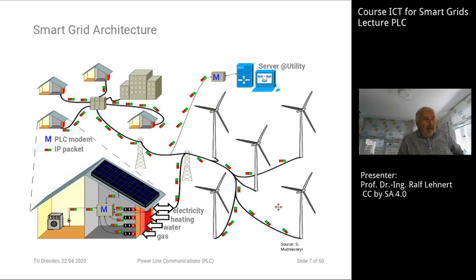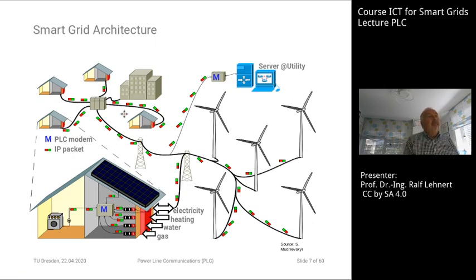Okay, to understand PLC, PLC means power line communications. So you usually have the power line. In this example, not very correctly, you see the power line on poles. There are power generators, for instance, these windmills, or the photovoltaic cells on your roof.